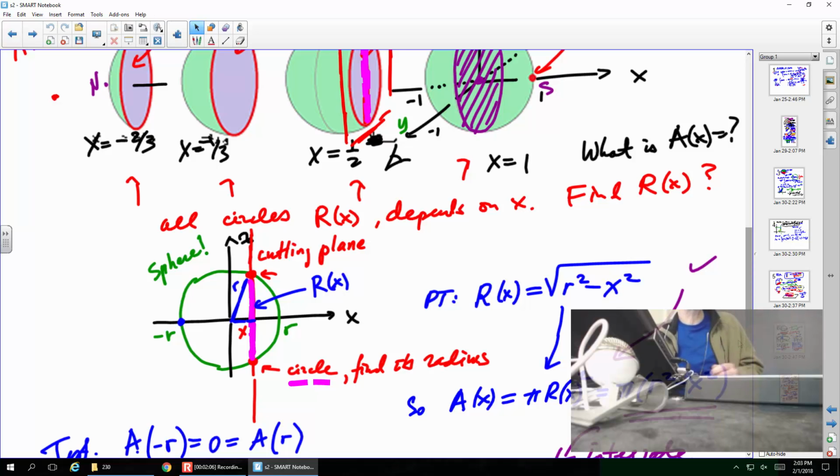It's all points at a distance r from the origin. Okay, and then we certainly don't look at the sphere itself, but rather at what's inside the sphere. You can think of it as a cannonball.